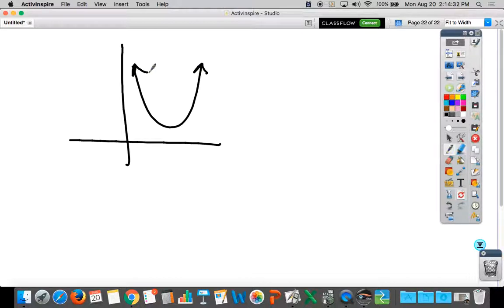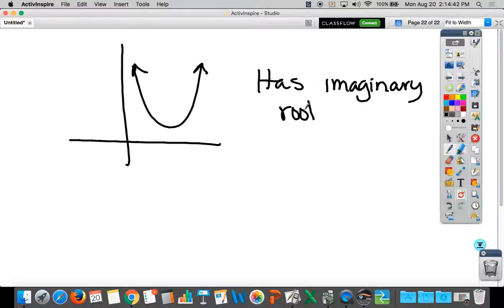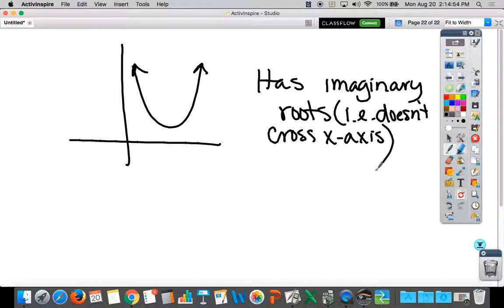Write this one down. So if you see one that has imaginary roots, your calculator will likely give you a weird answer.